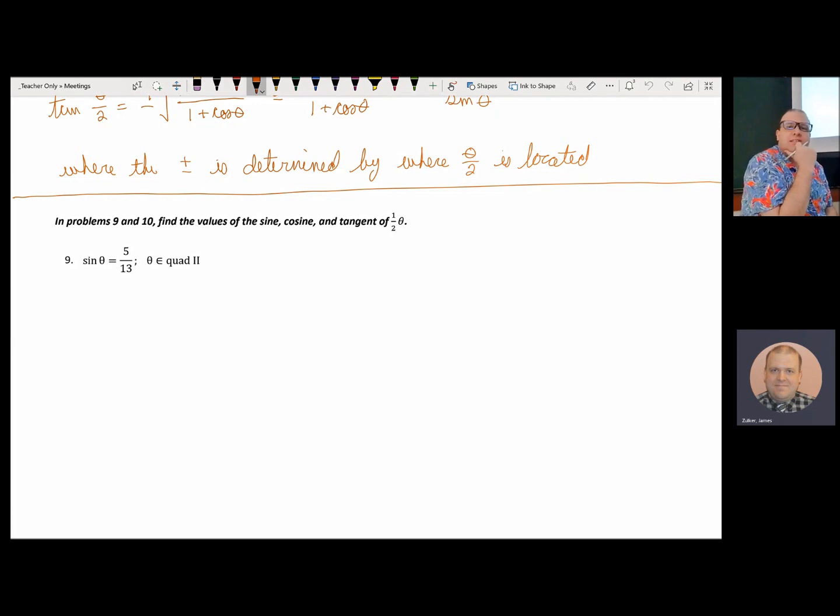Given the information, we're going to find sine, cosine, and tangent of theta over 2. Sine of theta is 5 over 13, and we know that theta is in quadrant 2.